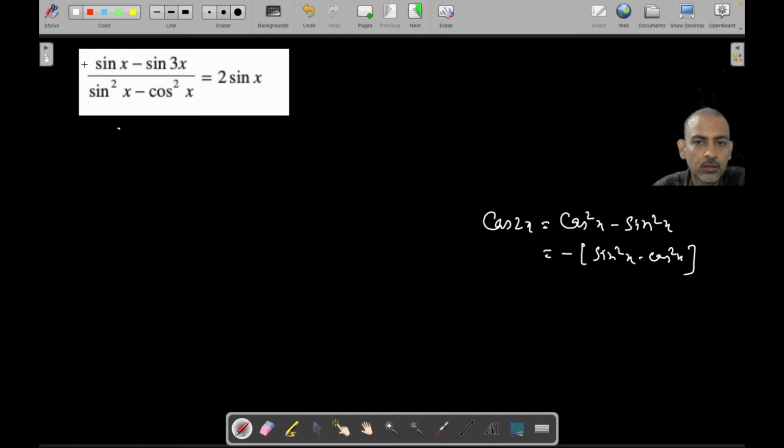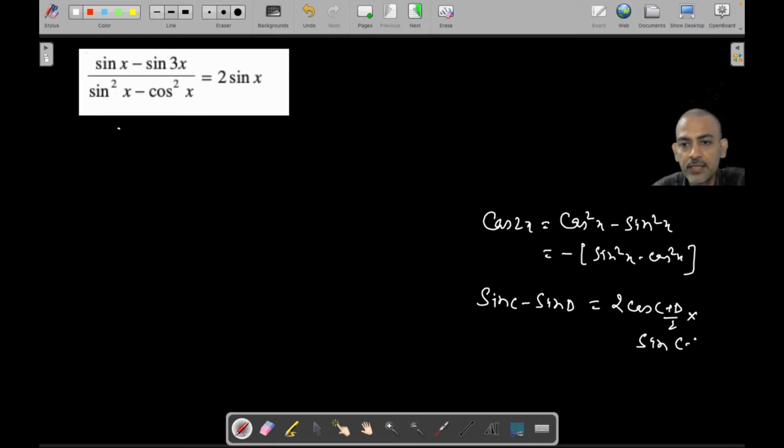On whatever we are having here, can we again look at it and then understand what is the expression over here? So it is looking like sin c minus sin d's formula, and we know this is equal to 2 of cos c plus d by 2 into sin of c minus d by 2.